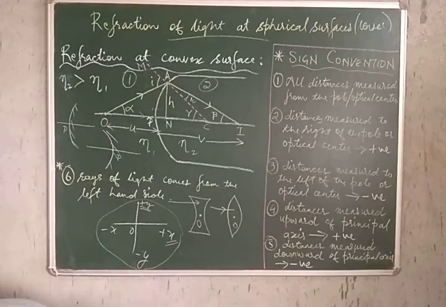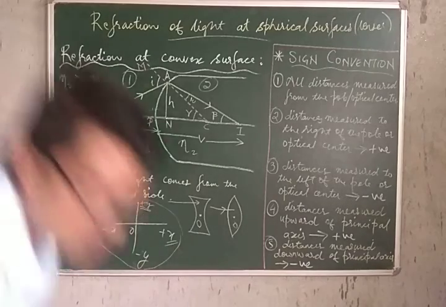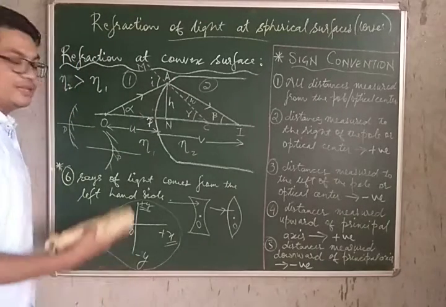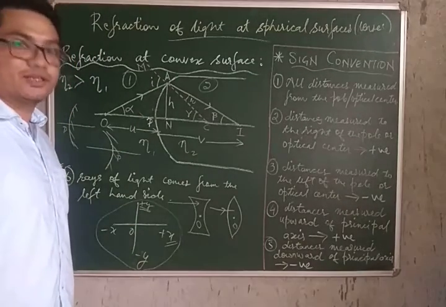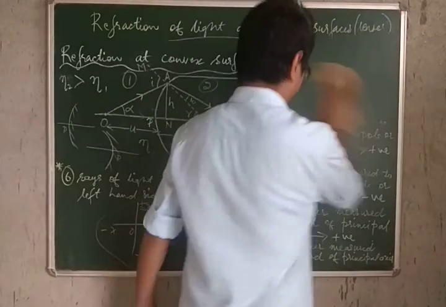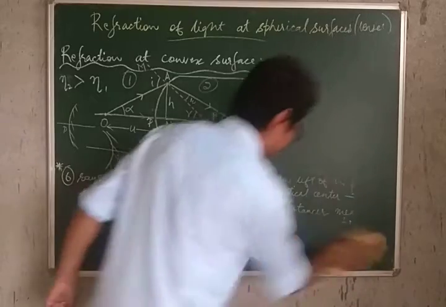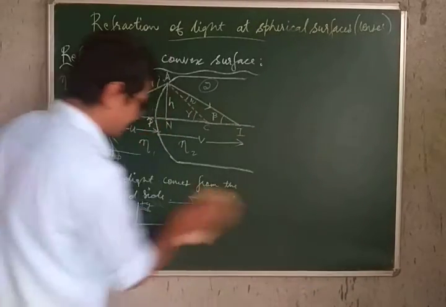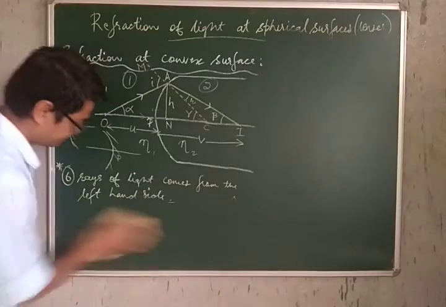My important chalk is broken, so let me erase the sign convention and let us talk about the derivation. I hope you've understood the sign convention. Now let us focus on the derivation of this relation.